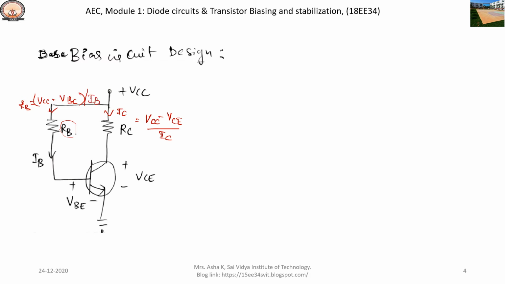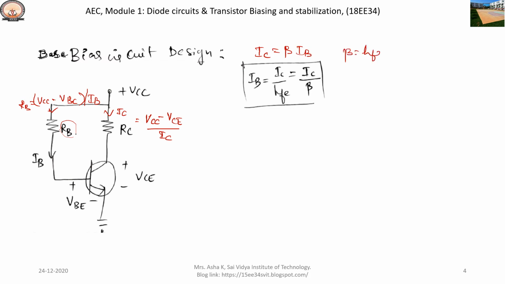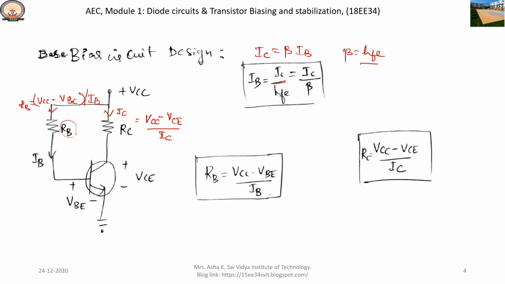Similarly, we know the relationship, that is collector current is equal to beta times base current. Beta is also called as the h parameter hFE. So, IB can also be calculated as IB is equal to IC divided by hFE or IC divided by beta. Similarly, the value of the resistance RB and the value of the resistance RC are given here.